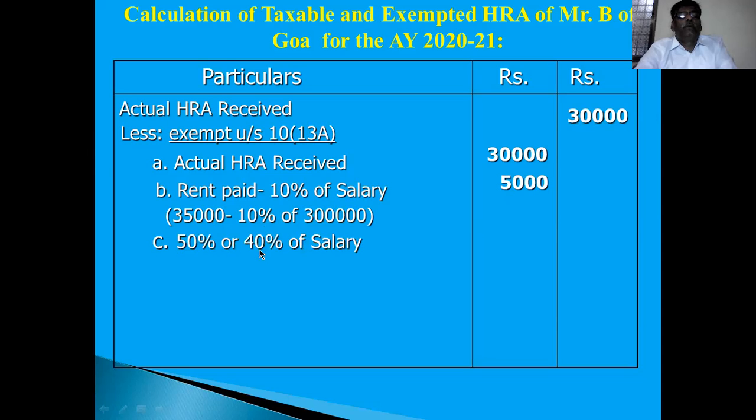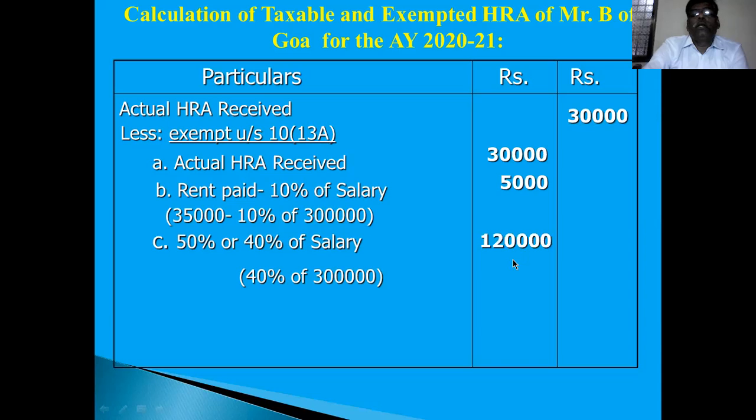Then third point is 50% or 40% of salary. So he is in Goa, Panji. 50% is to be taken only for 4 cities: Bombay, Delhi, Madras, Kolkata. So you have to take 40% of salary because he is in Goa. 40% of 3 lakh is 1,20,000.